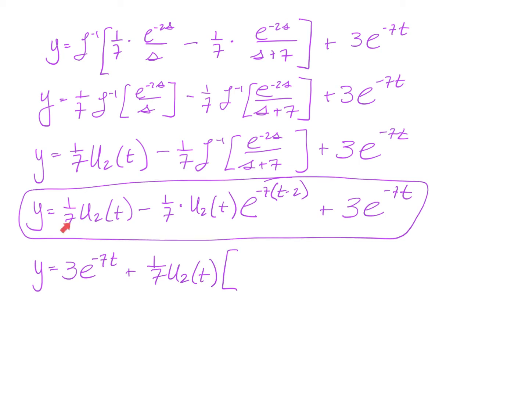Okay, so I'm factoring out 1/7 u2 from here and here. So this is the entire term, so if I were to distribute, I would need a 1 here, minus, here I just need an e to the negative 7 times (t minus 2). And now it looks just like the answer in the packet.